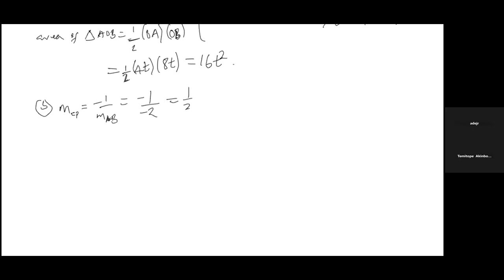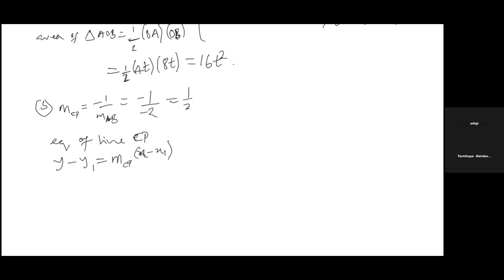So I will now need to find the equation of line CP, which is y minus y1 equals m of CP into x minus x1. So my x1, y1 now will be point P. Is that clear? The point P, because the line passes through P.